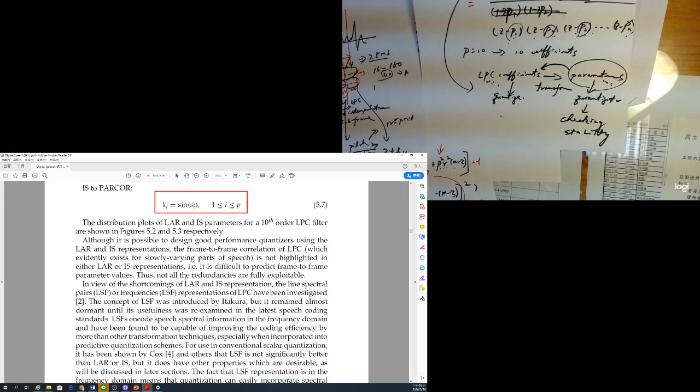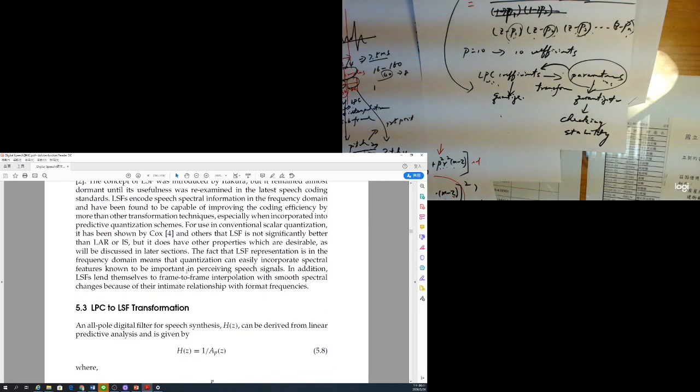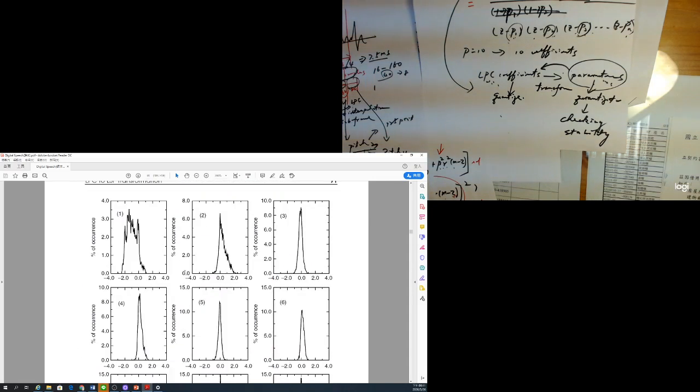Once you have the PARCOR coefficients, they try to normalize their distribution, and you can see they also use the sine to do the transfer.